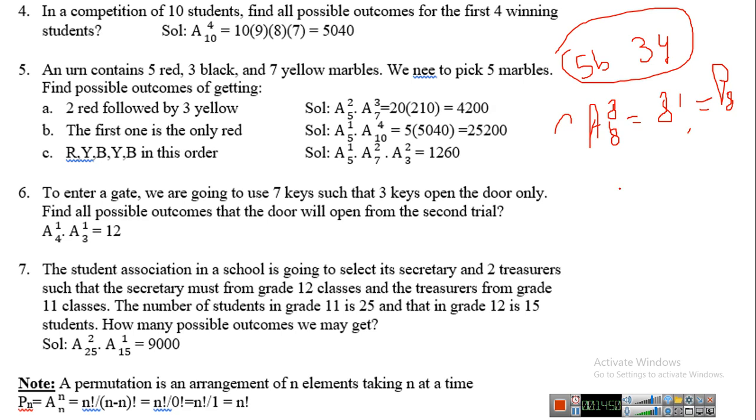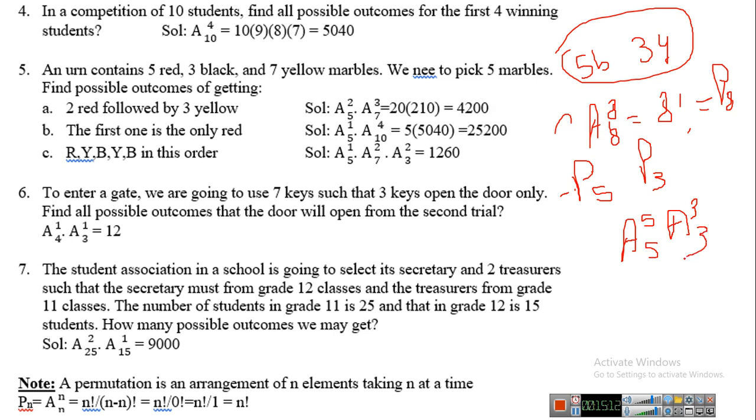If I say I want the first 5 to be black and the last 3 to be yellow, it will be permutation of 5 times permutation of 3, or 5 out of 5 arrangement, because order is important for the first 5 to be black, and the last 3 must be yellow, 3 out of 3.